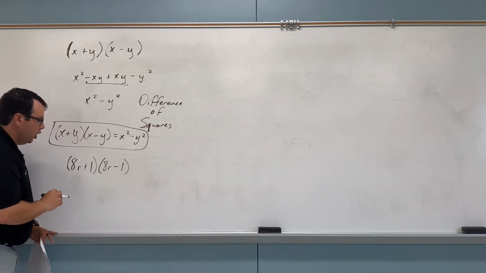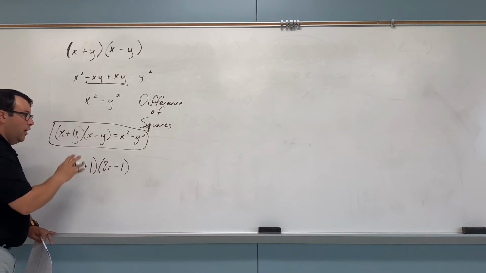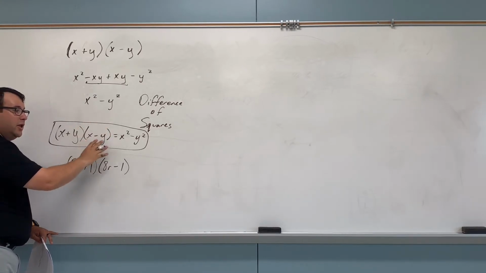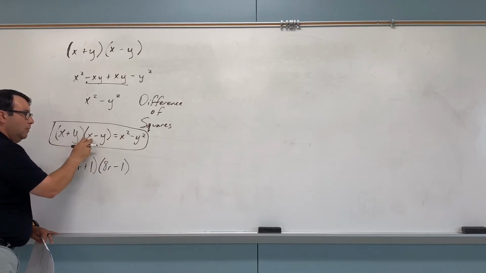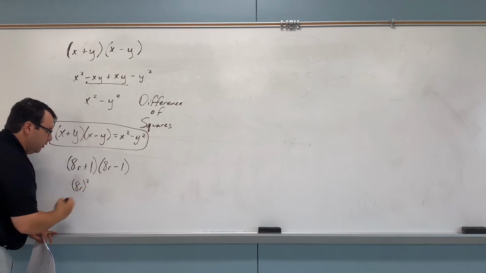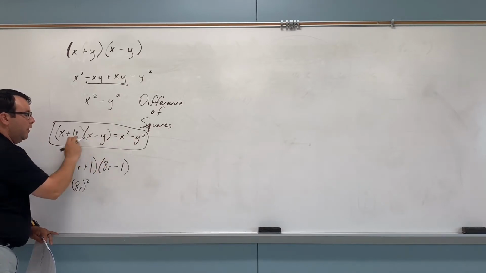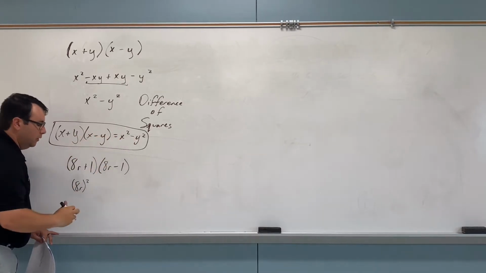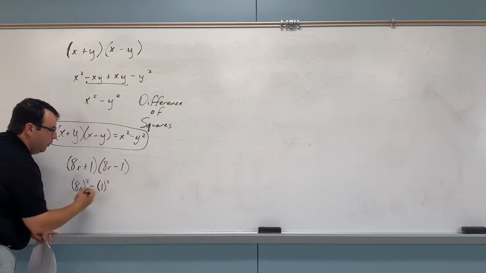Again, the term conjugate. Now, in this situation, according to my definition here, my x squared is my first term squared. So I have 8r squared. My last term is my last term squared, so minus 1 squared.